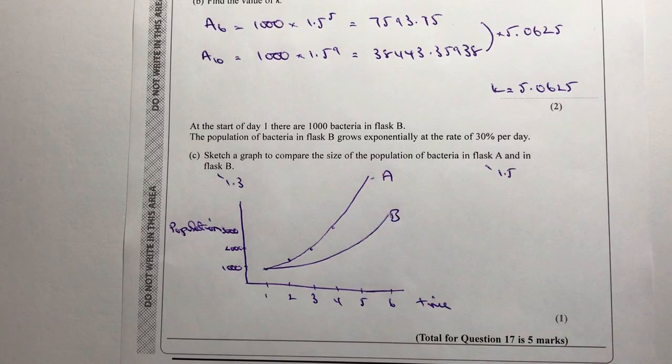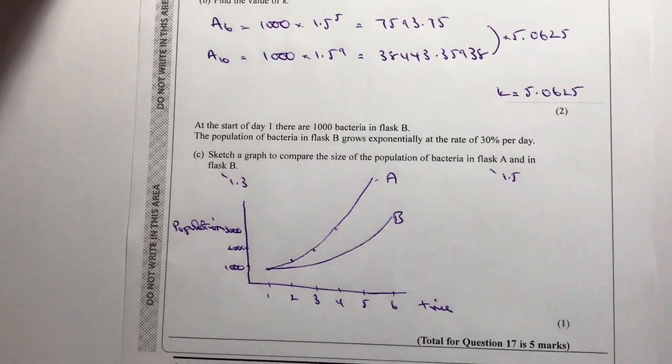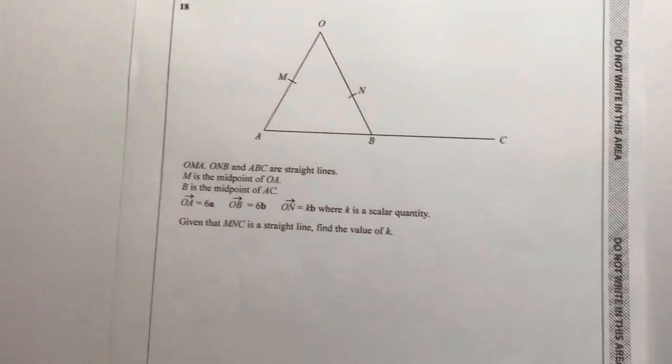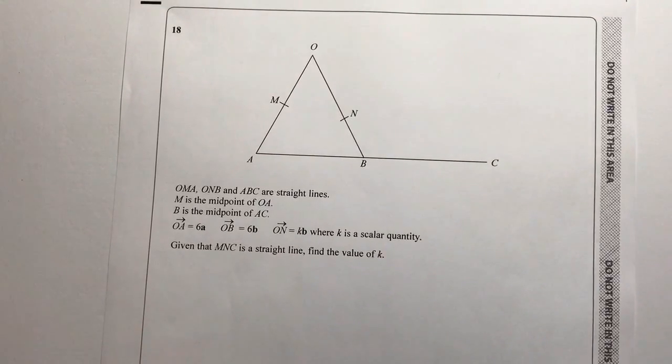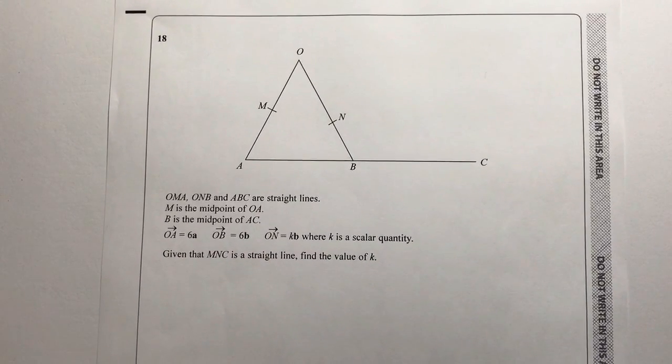Okay, so let's move on finally then to question number 18, which deals with vectors. Now this particular question is just a little bit tricky. It's not too bad really, and if you've had some experience with vectors, then it shouldn't be so difficult for you.